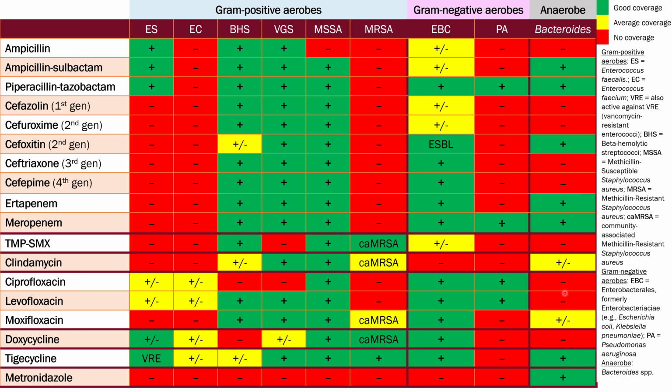Other fluoroquinolones don't have activity against Bacteroides. Early tetracyclines, so doxycycline, minocycline, and tetracycline itself don't have activity against Bacteroides, but some of the newer tetracycline derivatives, such as tigecycline and eravacycline, have activity against Bacteroides.